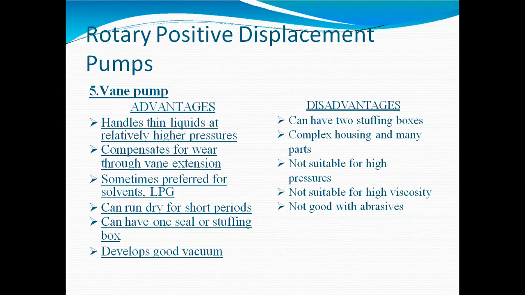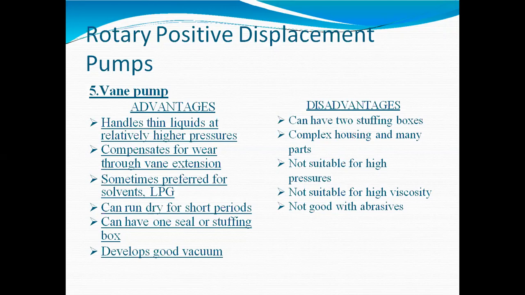Okay, as I said, we can convert this type of pump into either balanced type or unbalanced type, meaning fixed displacement or variable displacement, so that the pressure requirement can be varied. Then it can have two stuffing boxes.